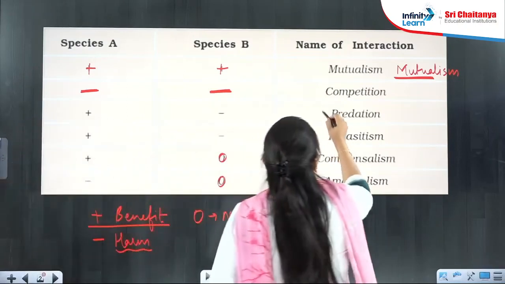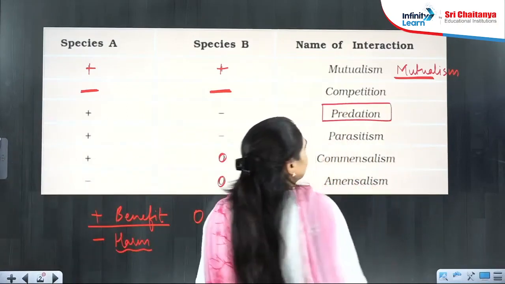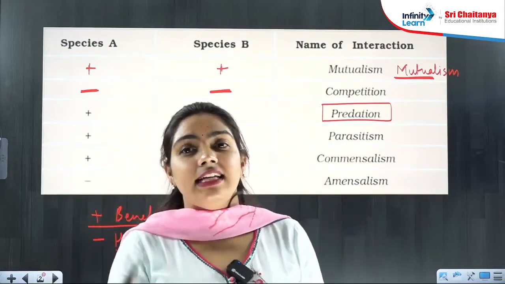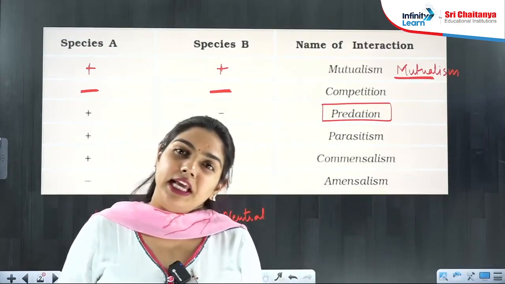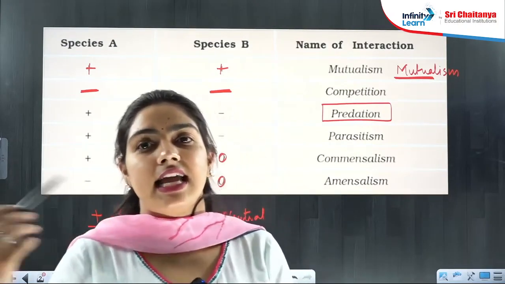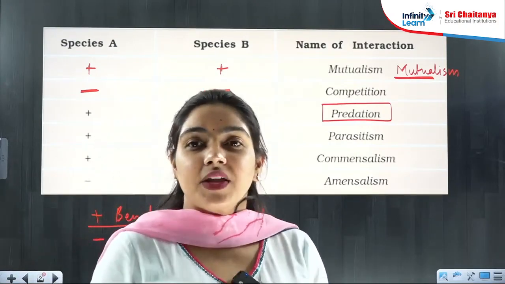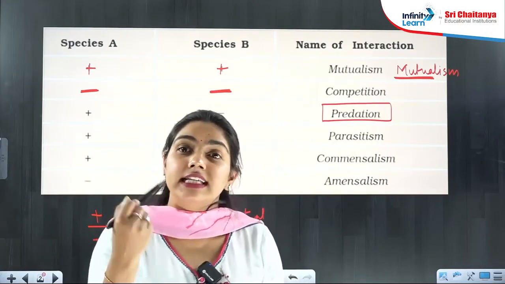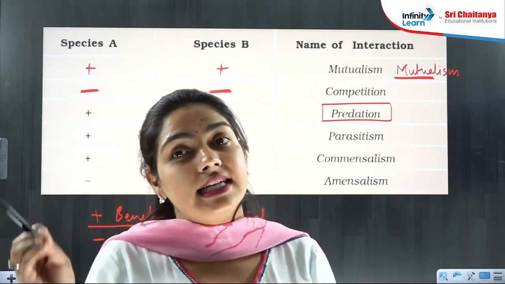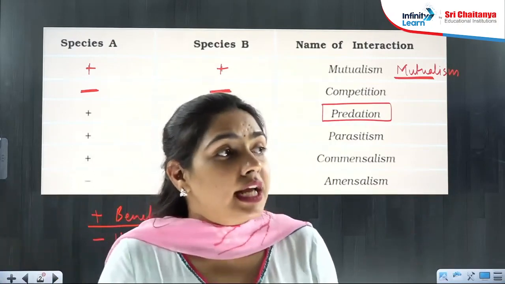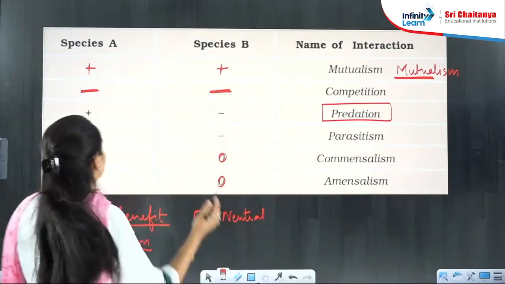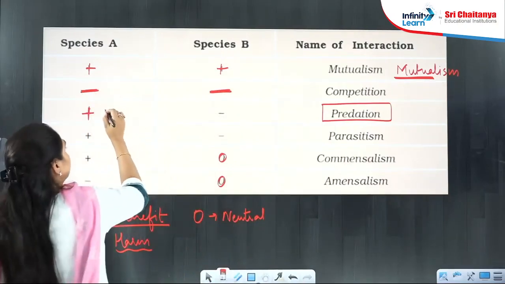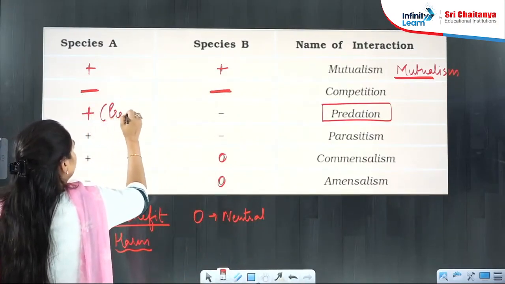Predation. When we are eating chicken, predation. When lion is eating deer, predation. When I am eating paneer, predation. When sparrow is eating seeds, predation. So predation is that kind of interaction in which one will get the benefit. The predator will get the benefit.